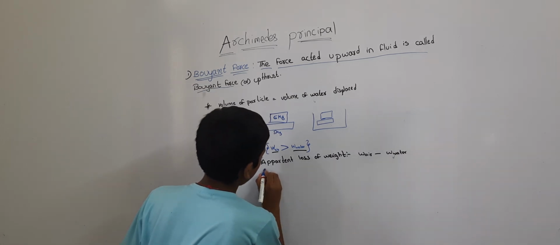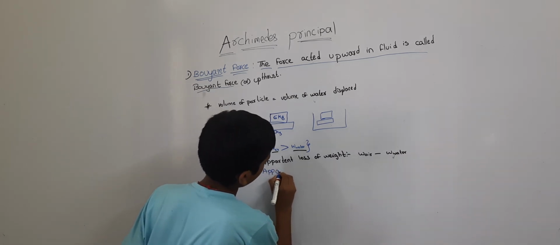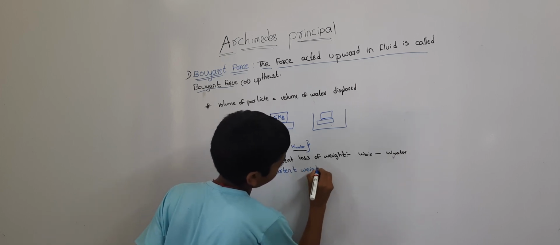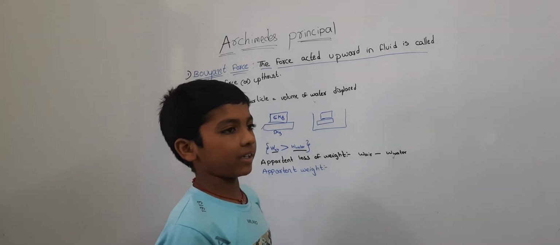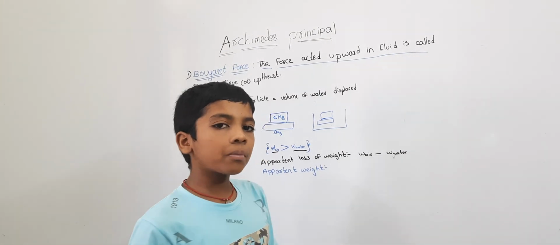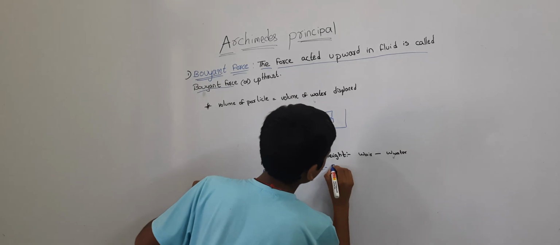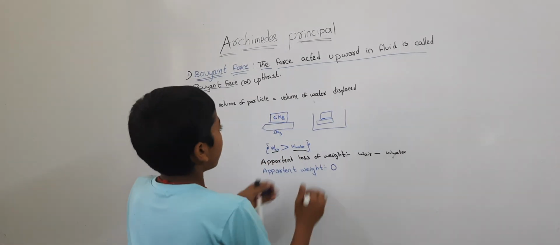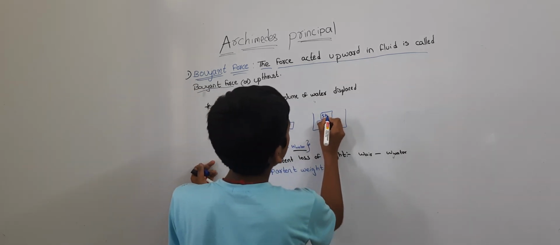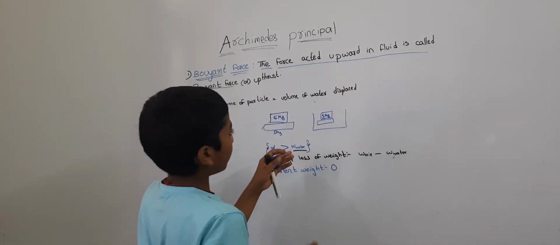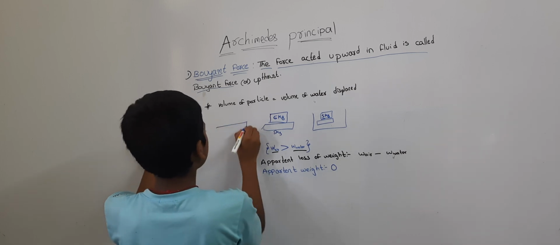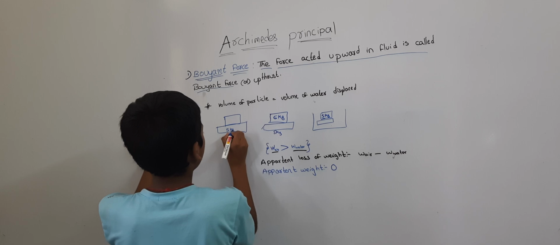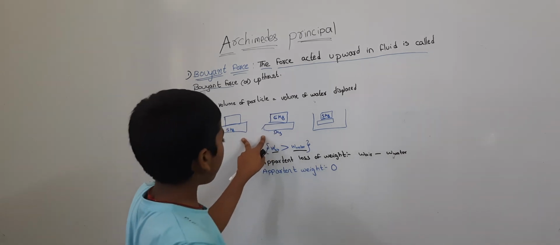Okay friends, next apparent weight. Normally and physically, apparent weight is always 0. Why is it 0? Keep the 5 kg object in the liquid, take it out, and measure it again in air. It shows 5 kg. There is no apparent loss.